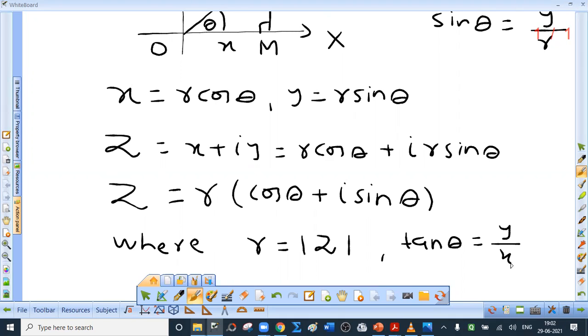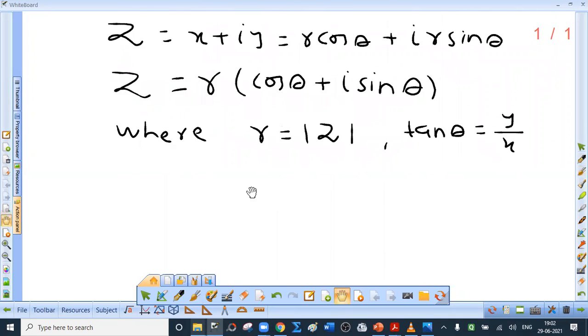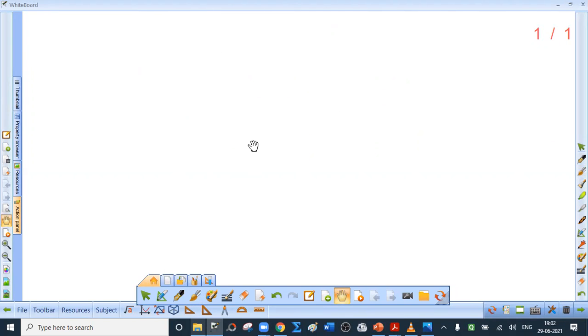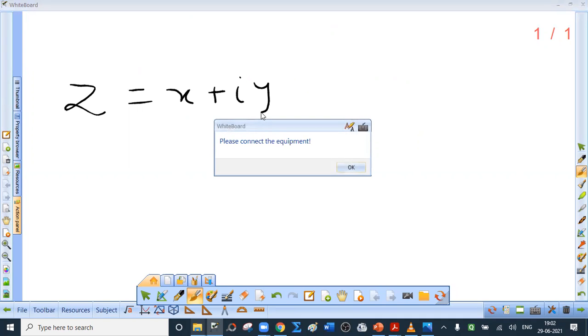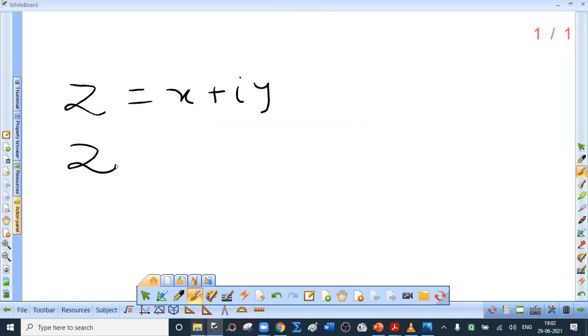Now this polar form can be converted into exponential form. Z is nothing but x plus iy. If r is the modulus of a complex number and theta is an argument, then we know that the polar form is z equal to r in bracket cos theta plus i sin theta.